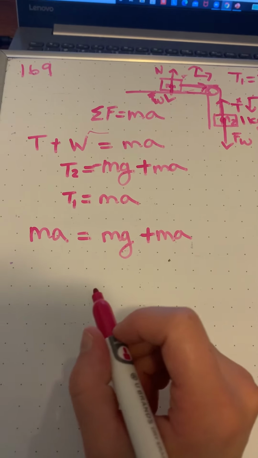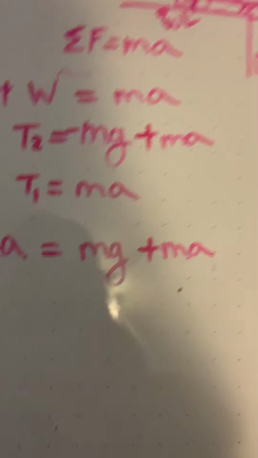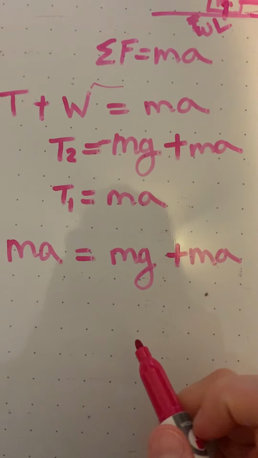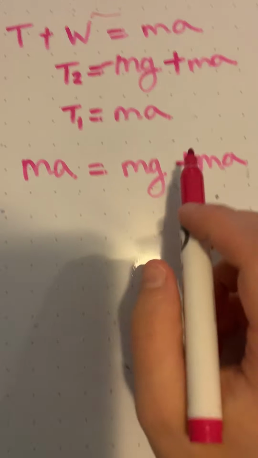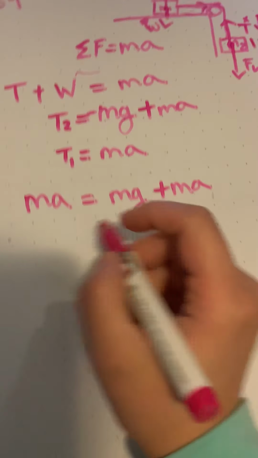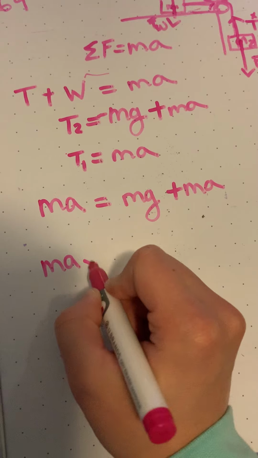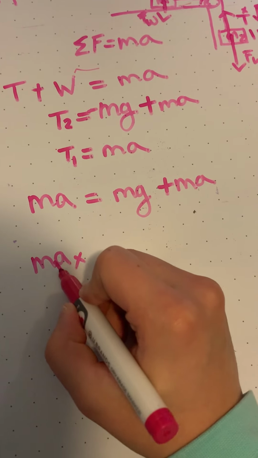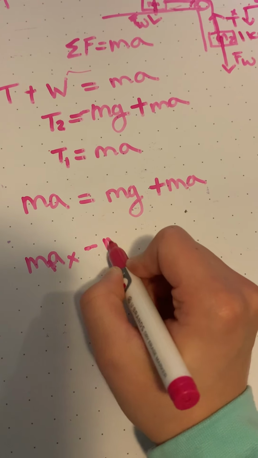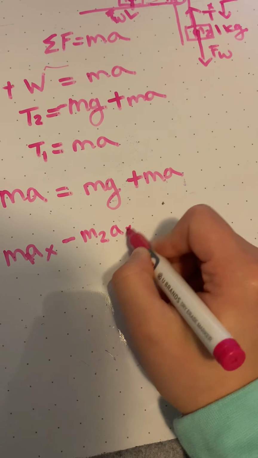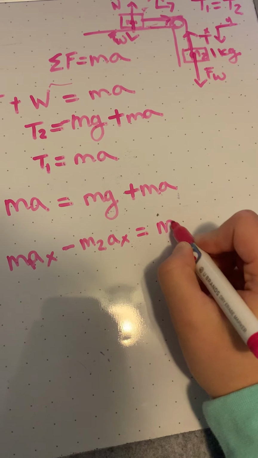So let's do some rearranging and substituting, shall we? Let's put all of our accelerations in the x direction in the same line. So we'll have m1 a_x minus m2 a_x is equal to m2 g.